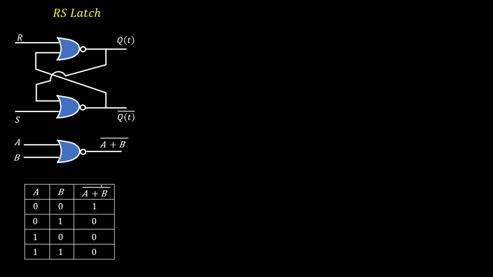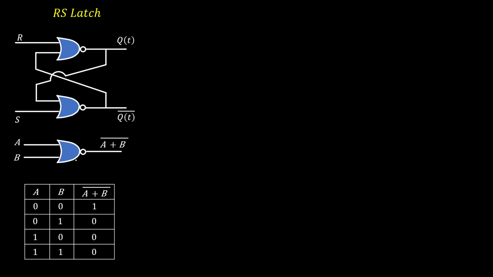So we can see for this NOR gate, if any one of the inputs is high or 1, then output of the NOR gate is 0 or low. And output of the NOR gate is high if and only if all the inputs are low or 0.